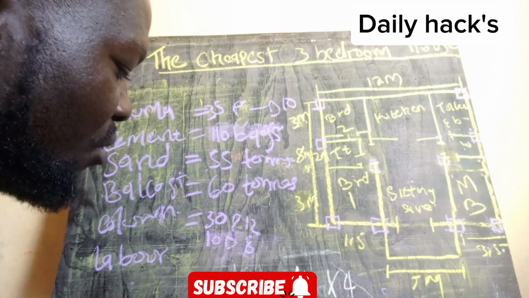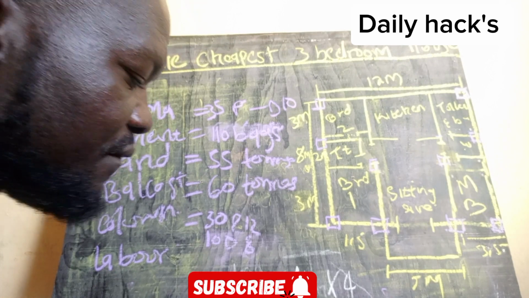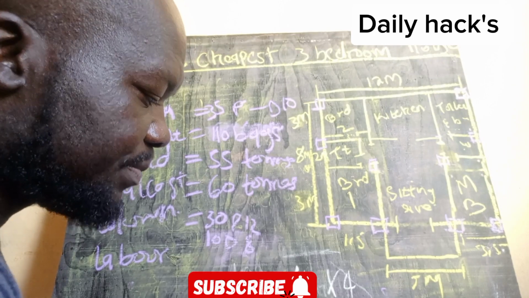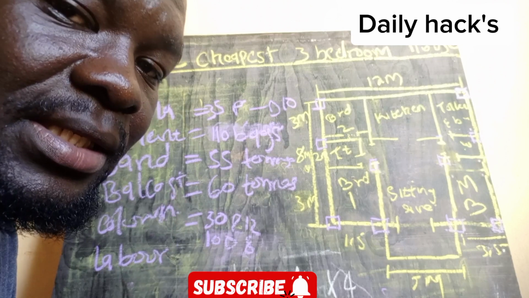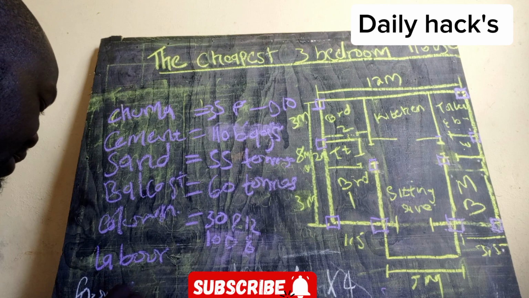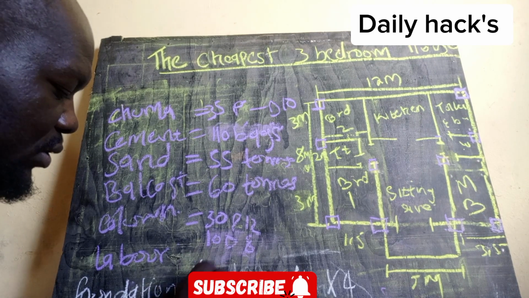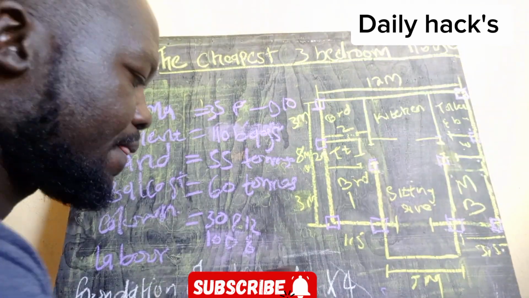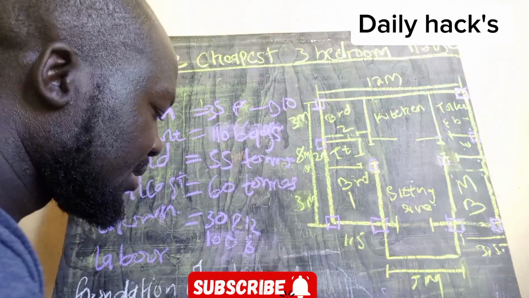And remember, 1 foot is equal to 50 to 60 shillings of foundation stones. So that will be around 60,000. So foundation stones will be 60,000.